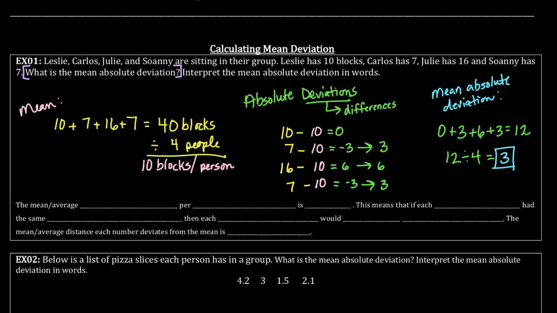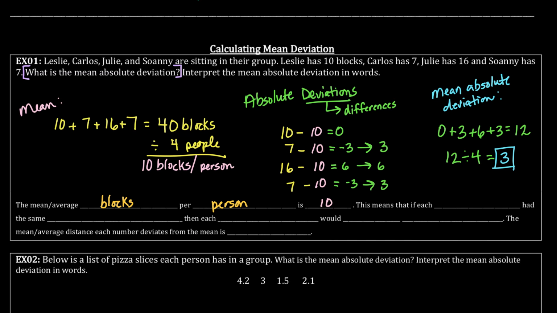So the mean, or the average, blocks per person is 10.